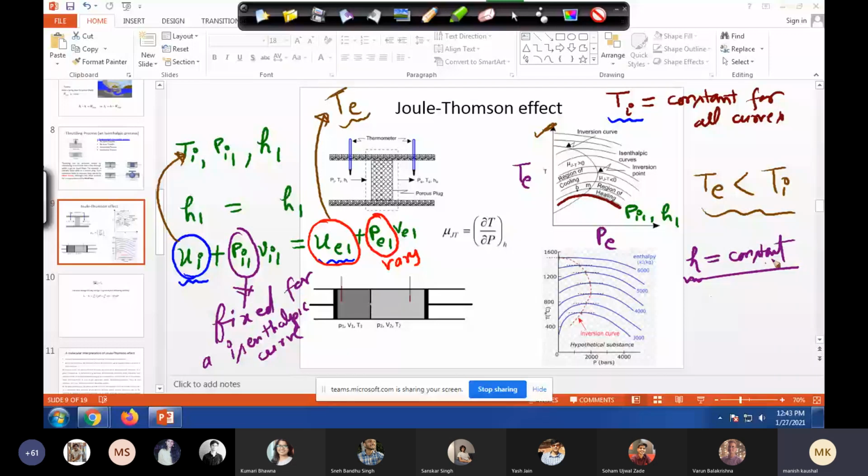If I write H in terms of UI plus PIVI, one way to keep H constant is what? H is constant for a given experiment, not for the curve. For the curve also it is constant, right? Just a moment. For the curve also it is constant.